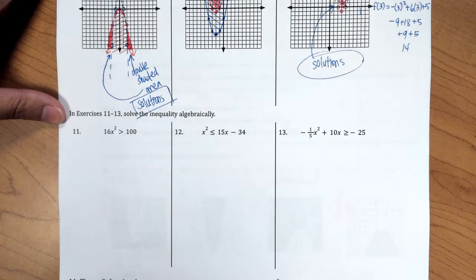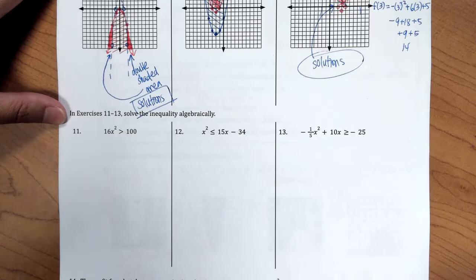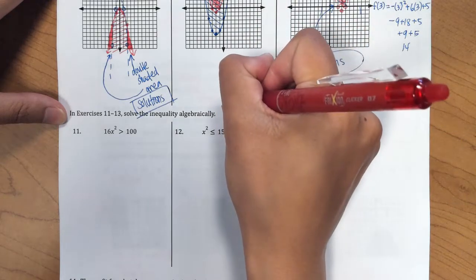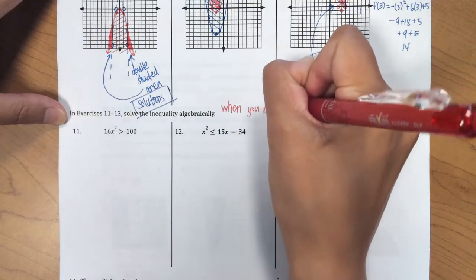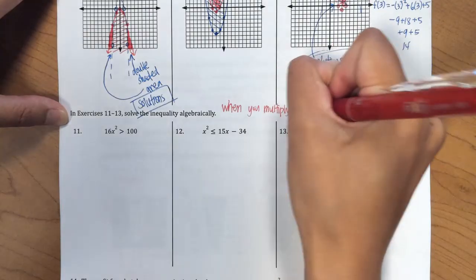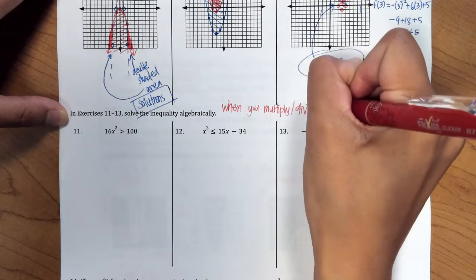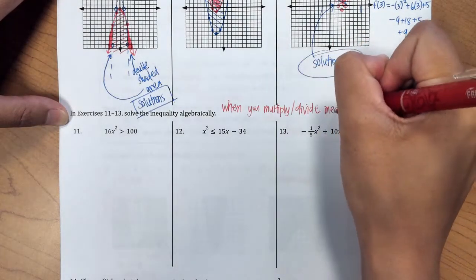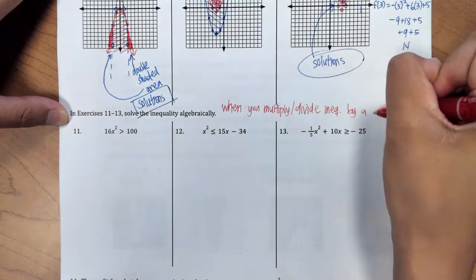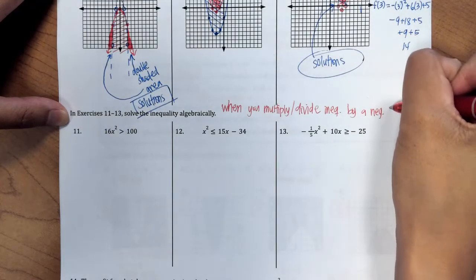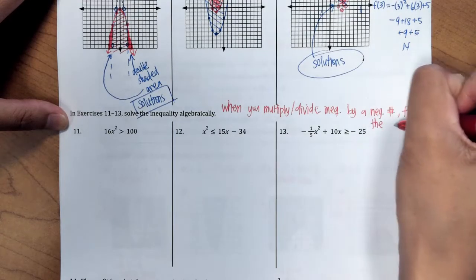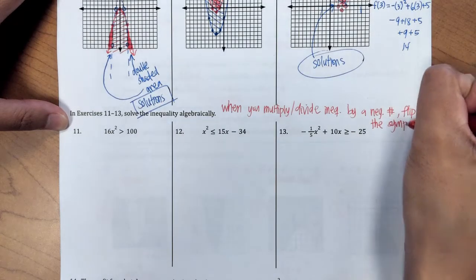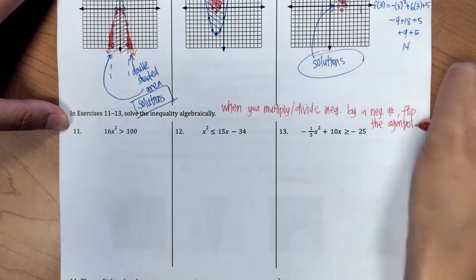There are a few rules, the most important one being when you multiply or divide an inequality by a negative number, you need to flip the symbol. So instead of less than, it becomes greater than.